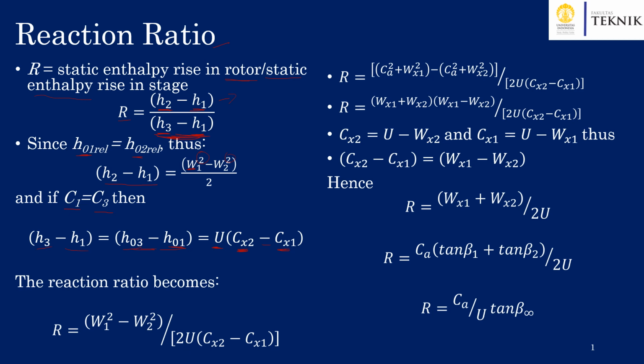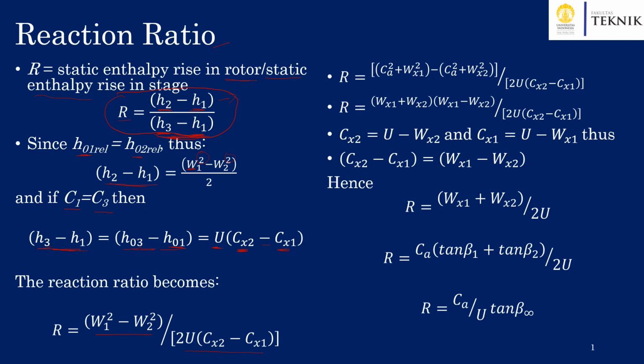So then we can rewrite the reaction ratio from this and rearrange it with this, and it becomes a function of the relative velocity and the tangential component of the absolute velocity.